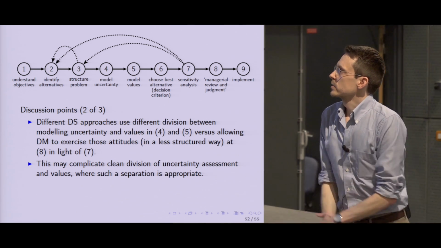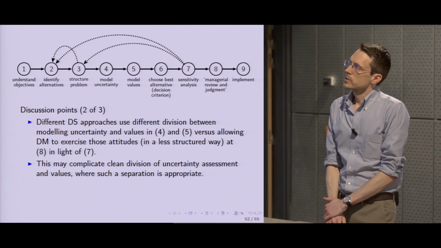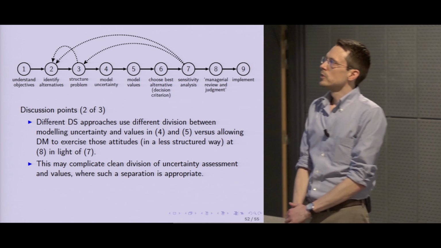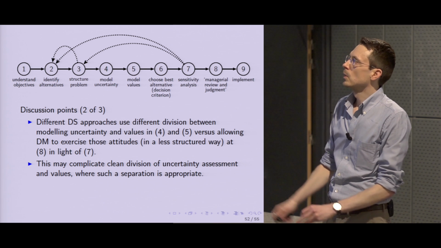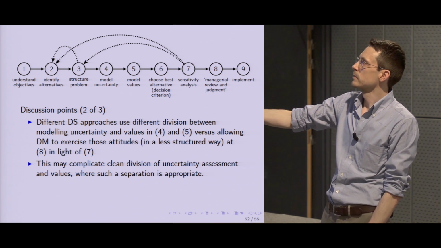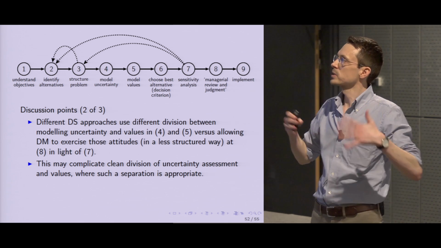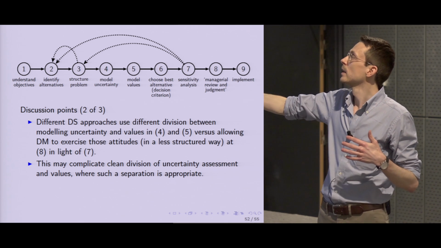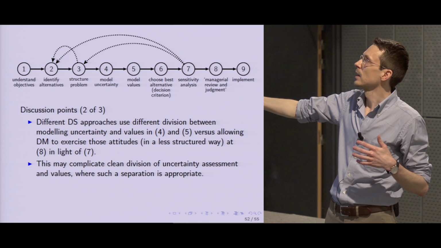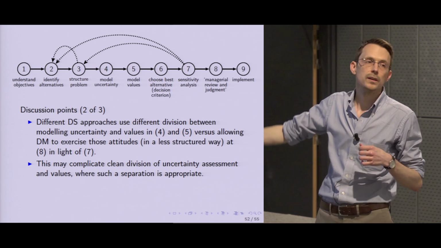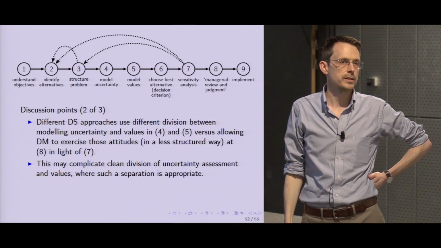Two of three for discussion points. Different decision support approaches use different divisions between modeling uncertainty and values at 4 and 5 versus allowing the decision maker to exercise those attitudes in a less structured way at 8 on the basis of what's been revealed in the sensitivity analysis at 7.